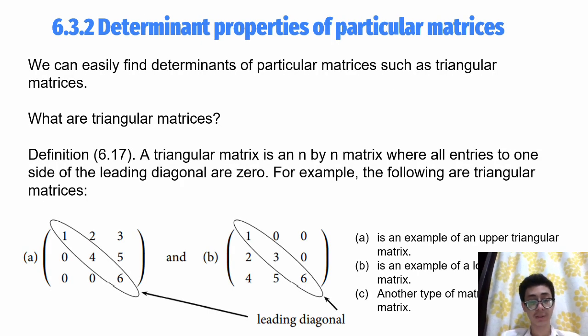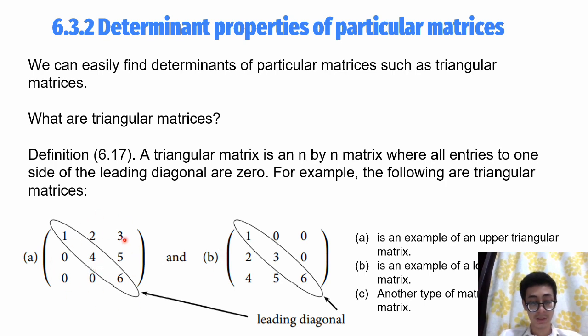Determinant properties of particular matrix. We can easily find determinant of particular matrix such as triangular matrix. What are triangular matrices? Definition 6.17. A triangular matrix is an n by n matrix where all entries to one side of the leading diagonal are 0. For example, the following are triangular matrices.